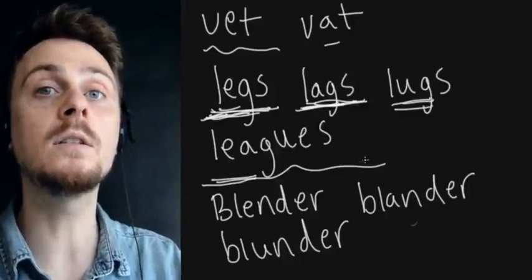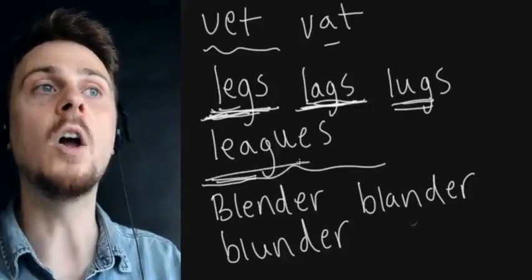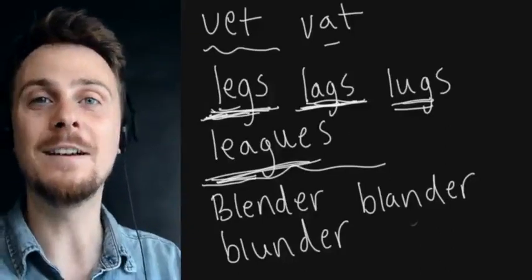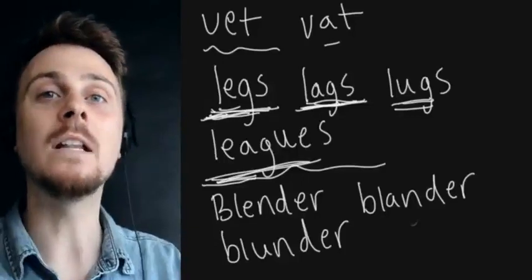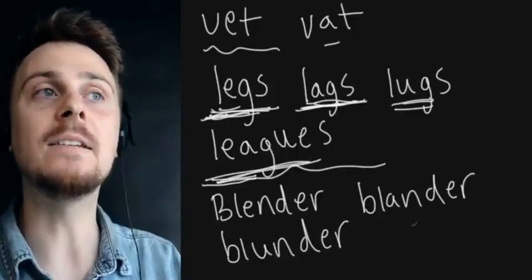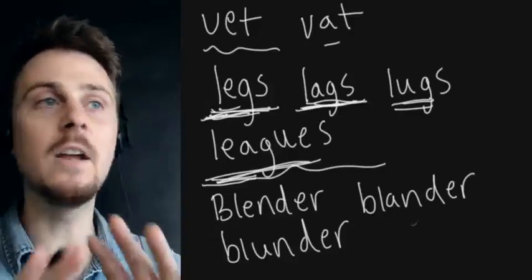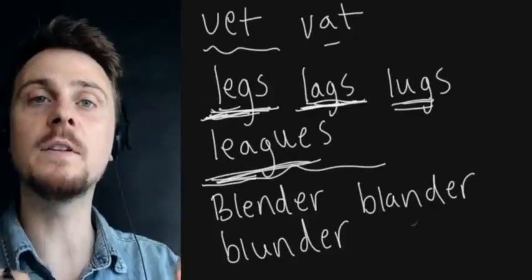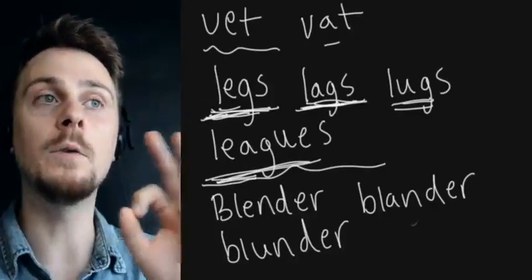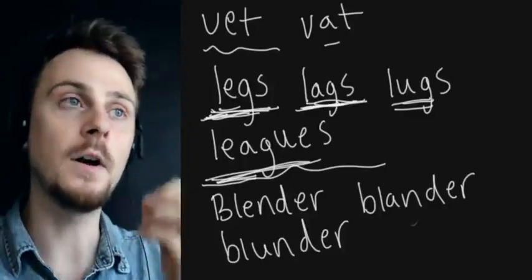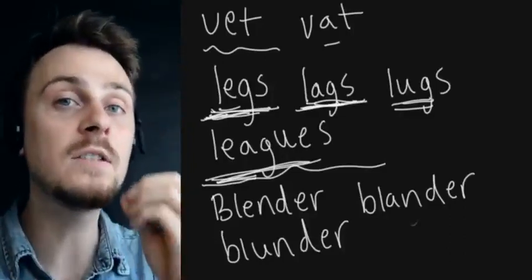Short U, lugs, lugs. Long E, leagues, leagues. Okay? So, again, it's the same. The only difference is the single vowel, so you have to really focus on making sure that's clear.